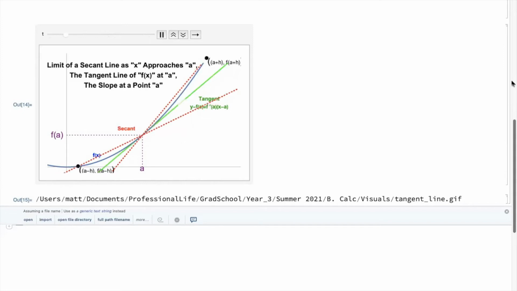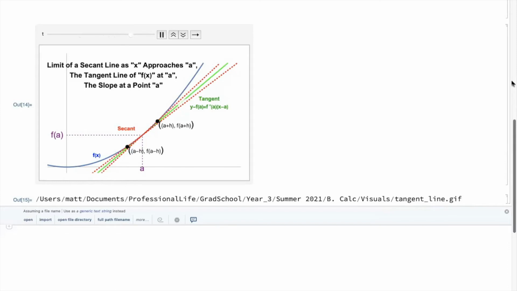Everybody agree with me so far? All we're doing is trying to find the equation of our line. And what we're about to see is that after we get the equation of our line, for points really close to x, our line is going to be really close to our function value. Everybody cool with that? So, let's tighten this up.